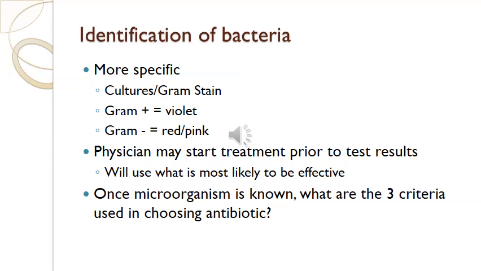So the host being the individual. What are specific things with the individual? Because the person may have either a past health history or something going on concurrently with the infection that might prevent them from using a certain type of antibiotic. So those are the 3 main criteria that they'll use when choosing the antibiotic.